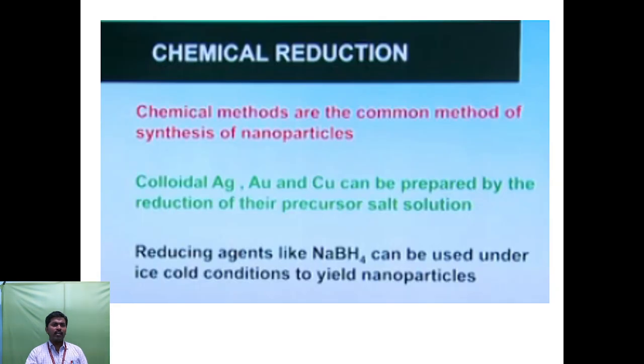First is chemical reduction. It is a chemical method. Colloidal silver, gold and copper nanoparticles can be prepared by the chemical reduction method.